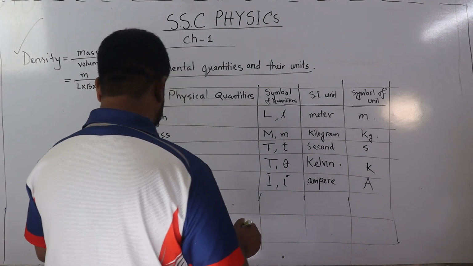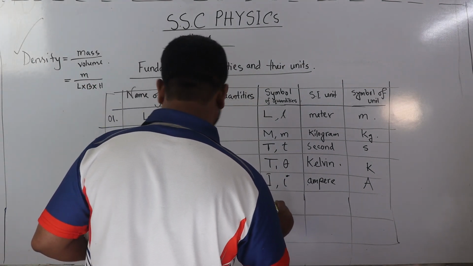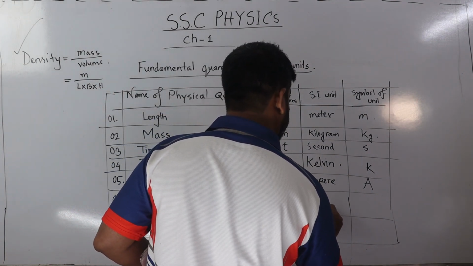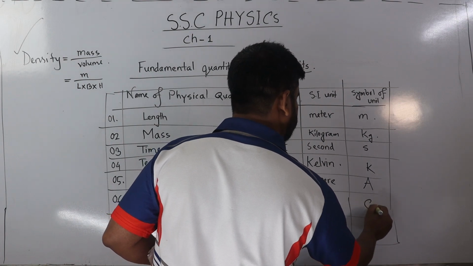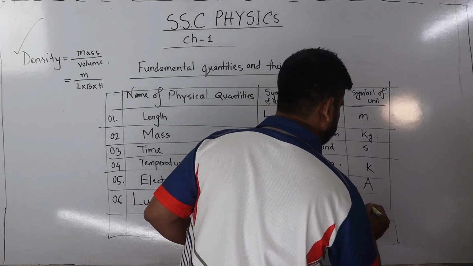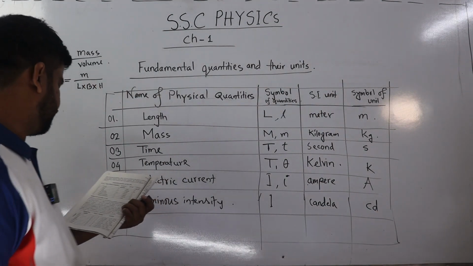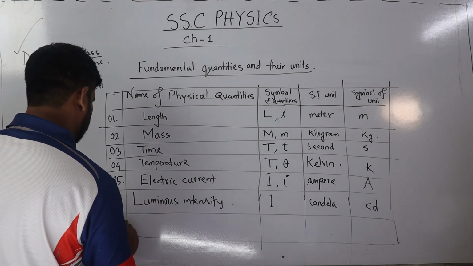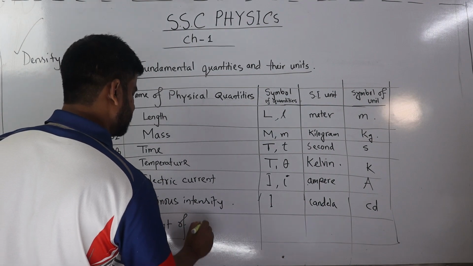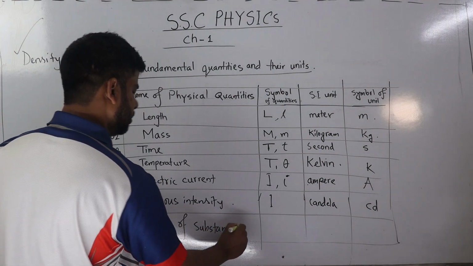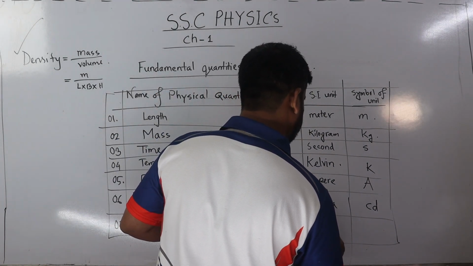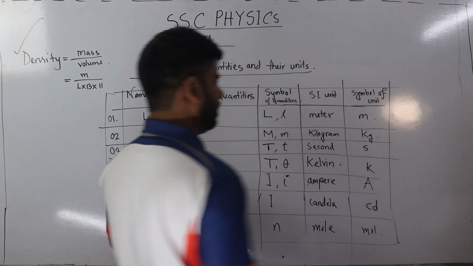Luminosity is denoted by I and the unit is candela, short form cd. And amount of substance, the unit is mole, symbol small n, short form mol.